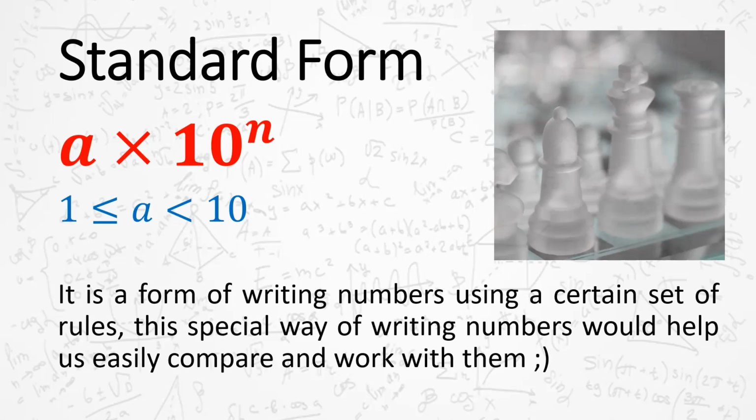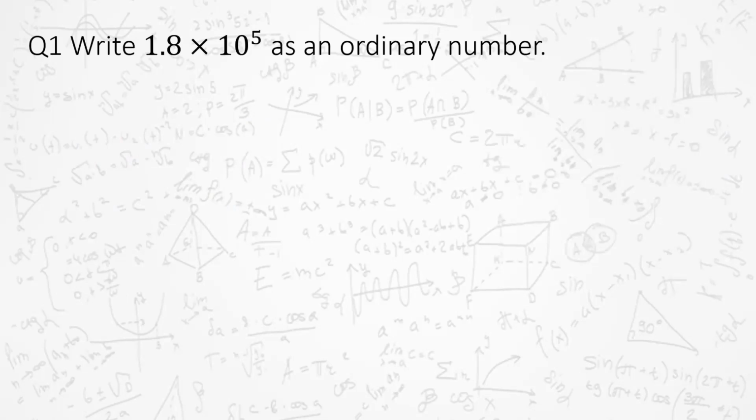Let's have a look at a few examples. Question 1. Write 1.8 times 10 to the power 5 as an ordinary number. The number was given in standard form, and you need to write it as an ordinary number. What we need to focus on is the times 10 to the power positive 5.